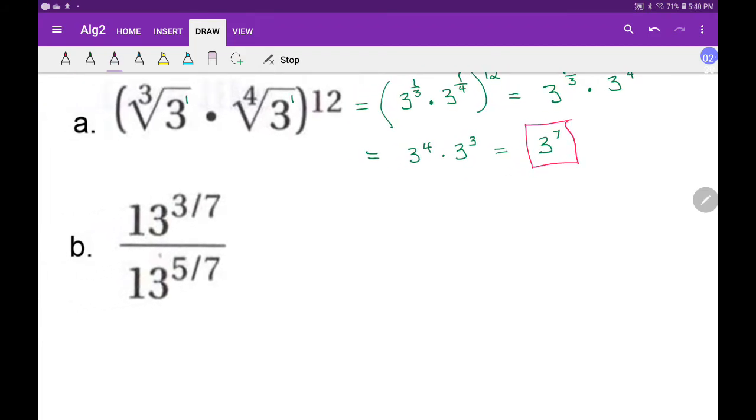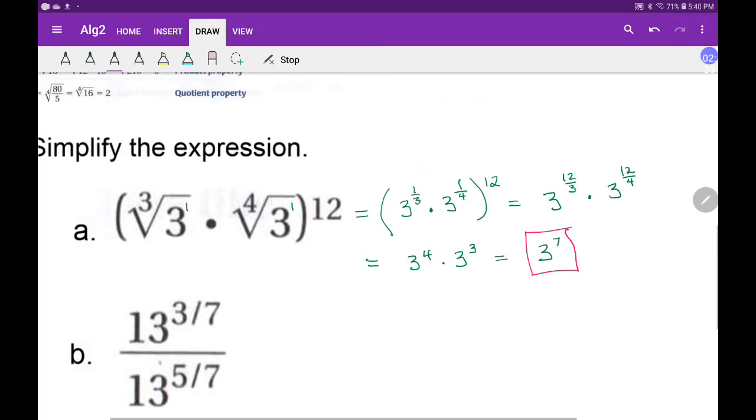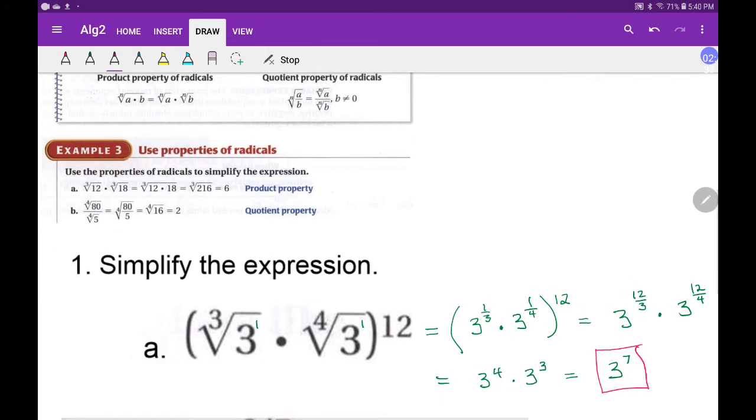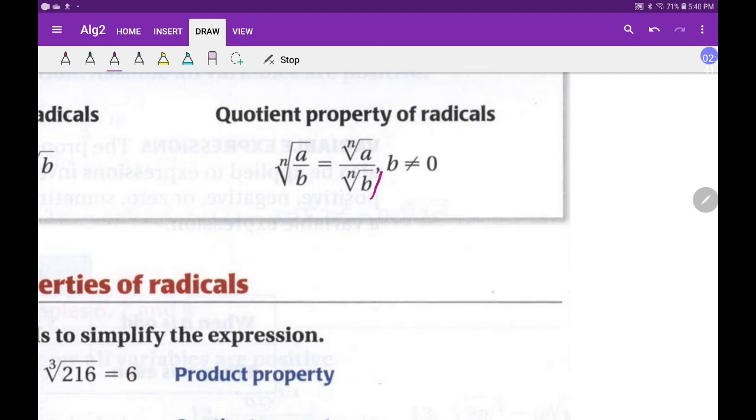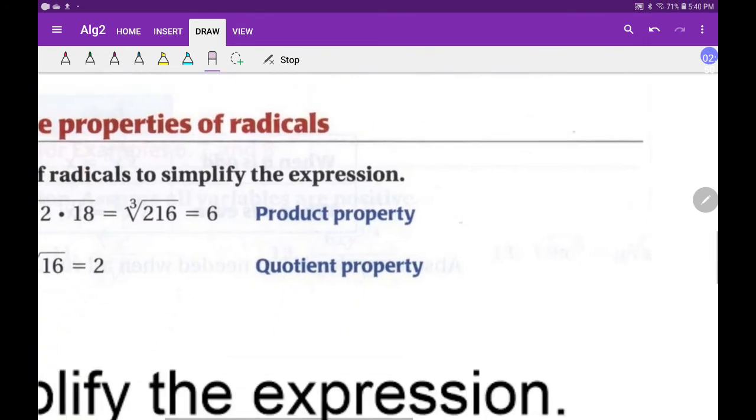Okay, now here we have a situation where we actually can use the formula. If you look up here at the formula, which is so much smaller, the formula says that if you have two things that are split up, we can put them back together inside one big one. And that's what we're going to do down here.